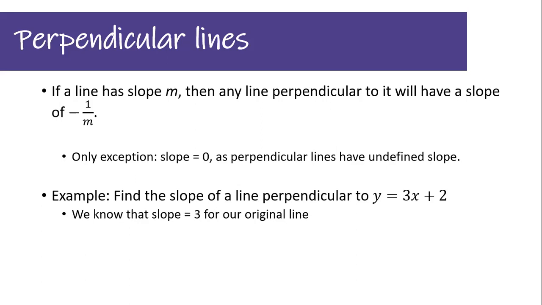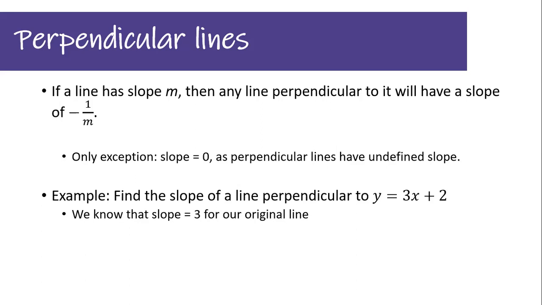So we can't actually write the slope for a perpendicular line to an original horizontal line. Just know that vertical and horizontal are perpendicular, but you do run into that 0 denominator undefined business if you're not careful. Most of the time we're not going to have a horizontal constant function, so it's not a big deal.